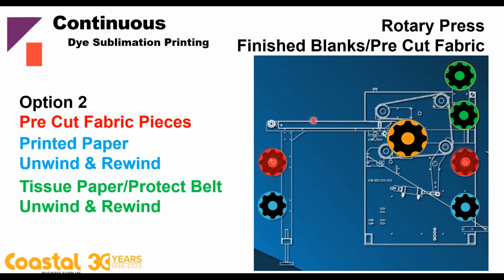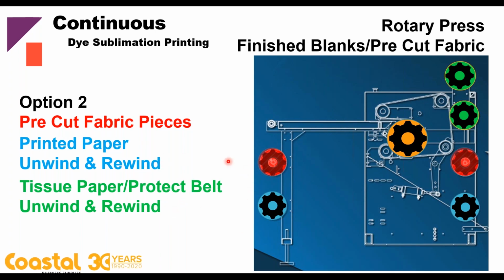And as the paper's moving in, it now becomes like a conveyor. It's just going to bring in the mouse pad with the transfer paper and go around and come out. And then it'll just drop out here at the bottom.